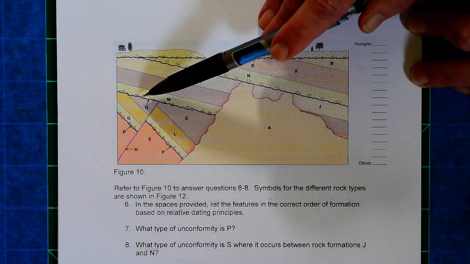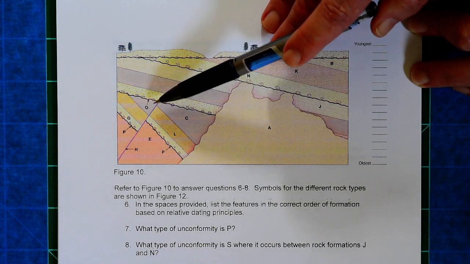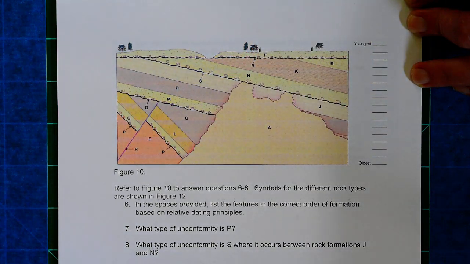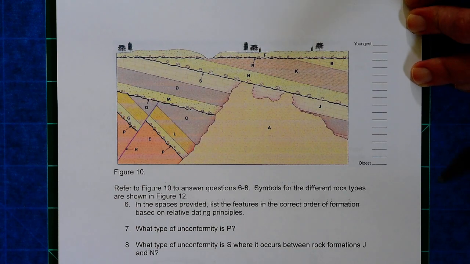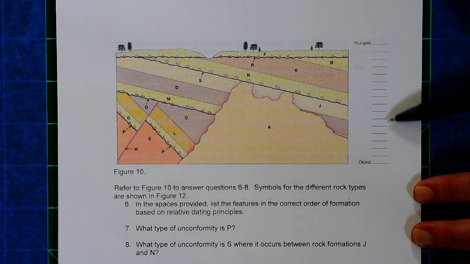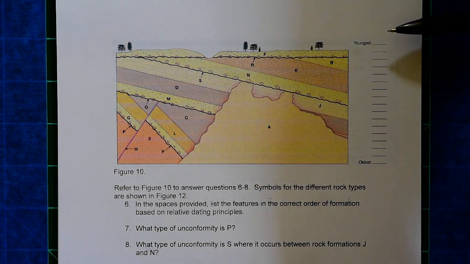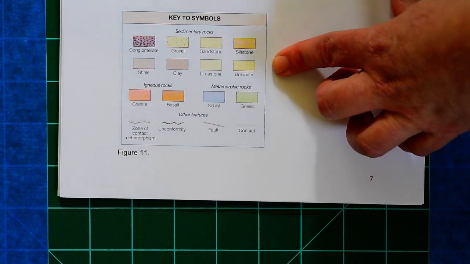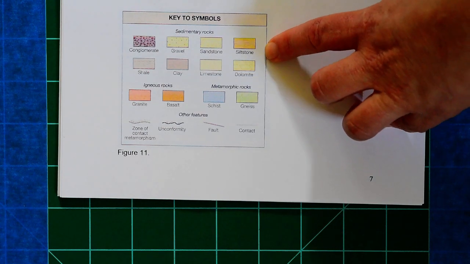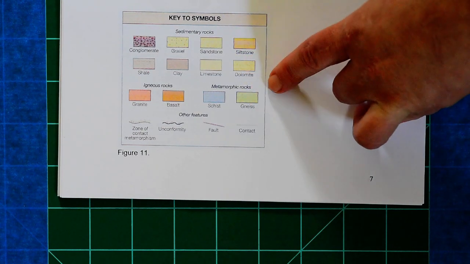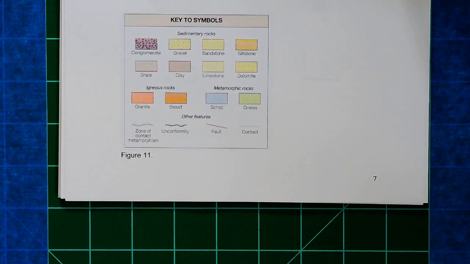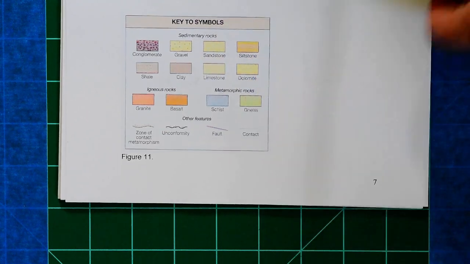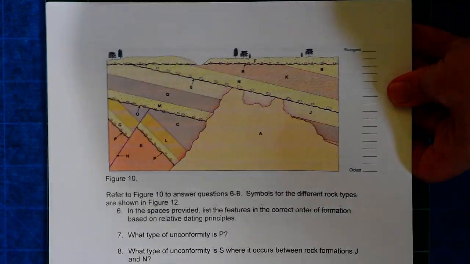This dark line here that's labeled O, that's an unconformity. This line right here, labeled H, is a fault. You have to add those in as well. And again, we have from oldest on the bottom to youngest here. Now, just to clarify some things, you are also given a key that shows you the different rock types. So if you're wondering if something is igneous or metamorphic, you can come down here to the key and use that to help you when you're looking at those.